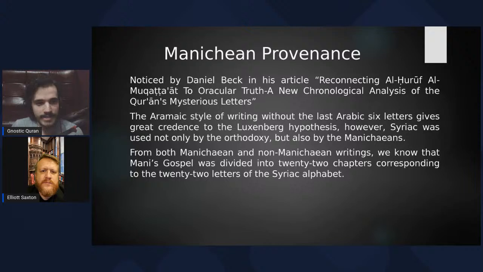Mani himself wrote most of his writings originally in Syriac, some in Parthian, like Shabuhragan, his major work. But Mani's gospel was written in Syriac, and it was divided into 22 chapters corresponding to the Syriac alphabet. Syriac was basically the lingua franca before Islam, because it was used by Marcionites, by non-Orthodox forms of Christianity, by the Nestorians, and by several Gnostic schools.